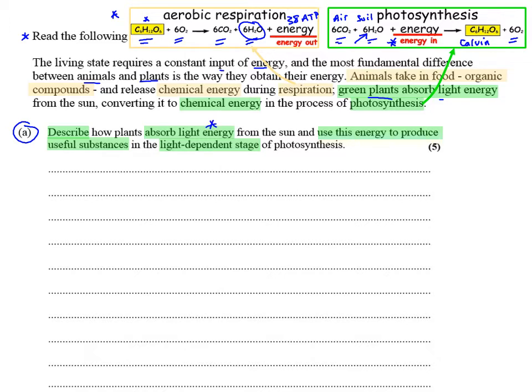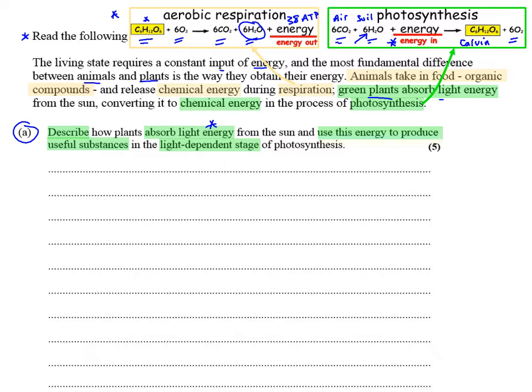So we might want to start to talk about photosynthetic pigments, where they're located, for example in the thylakoid membranes, which are inside the chloroplasts, inside plant cells that may photosynthesize. And then it says, describe how they use this energy that's just been absorbed, the light energy, to produce useful substances.